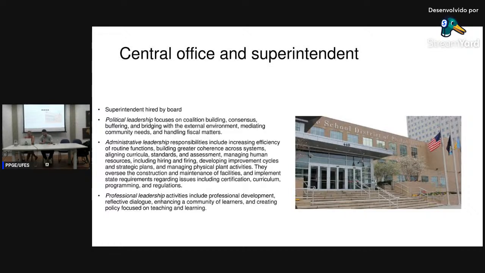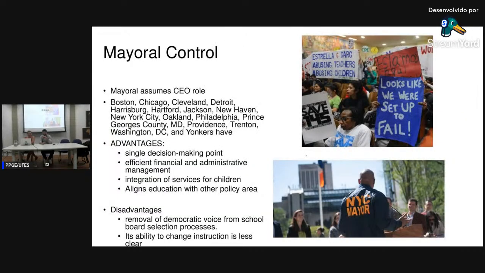So in the past, I'd say since 1970s, 1980s, really, there's been a movement in urban areas with large minority populations, Black and Latino, to take over and no longer have communities having school boards, but instead the mayor is in charge.